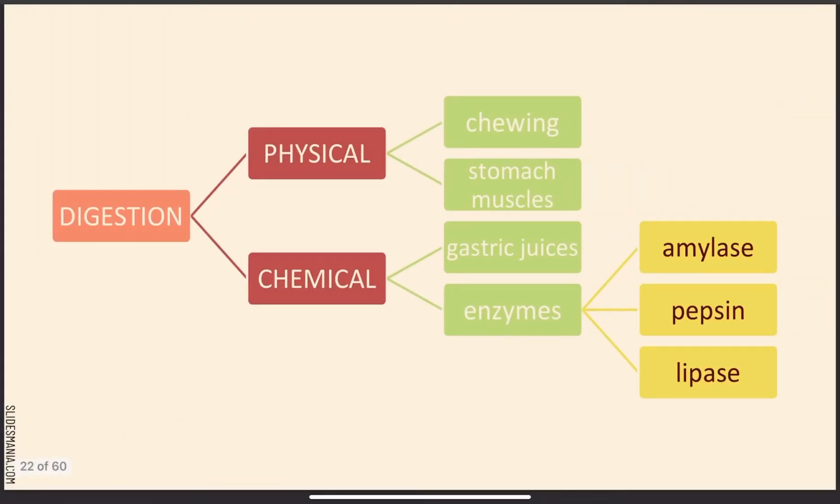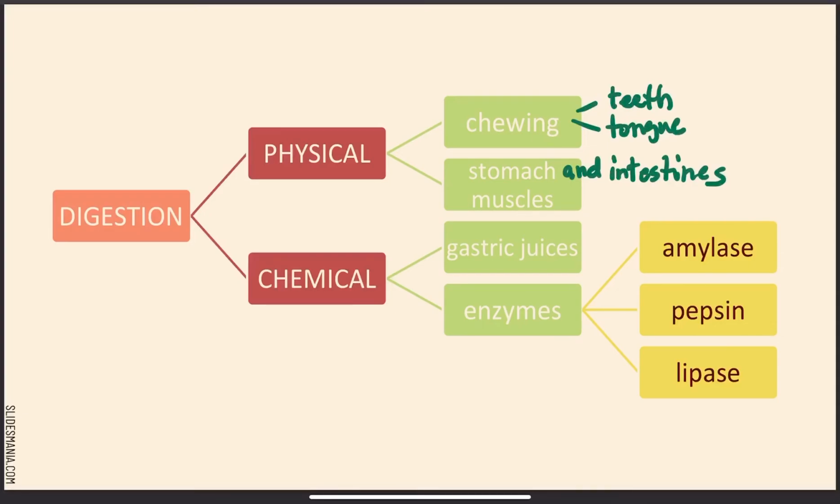So just to summarize everything, we have digestion. There's physical digestion and chemical digestion. Physical digestion is chewing and also movement of the muscles, not only in the stomach but also in the intestines. Chewing happens in the mouth with your teeth and your tongue.